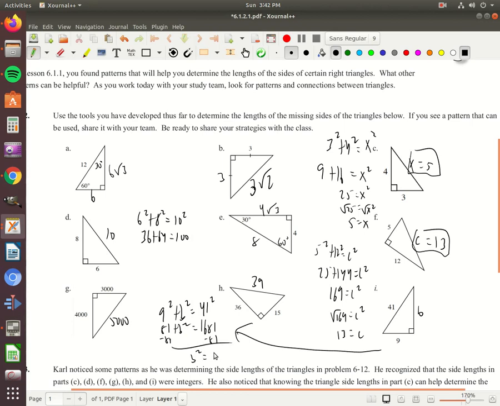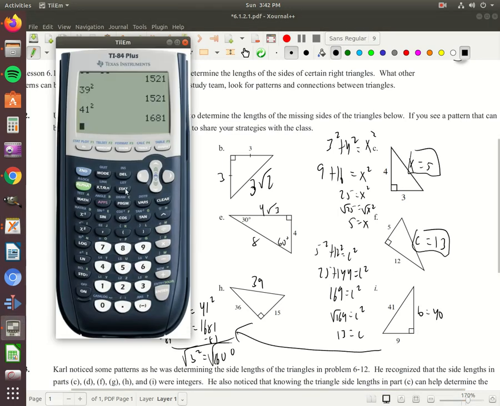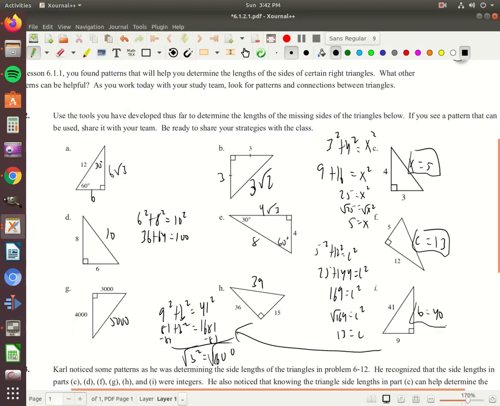So b squared is going to equal 1600. I will take the square root of each, and b should equal 40. 40 times 40 is 1600. So I already know that 41 squared is 1681, so 9 squared plus 40 squared had better equal 1681, otherwise I get a problem, but it does, so I know that b equals 40.